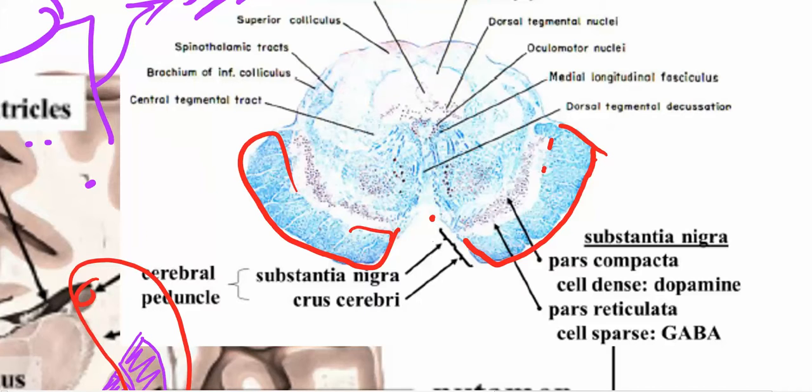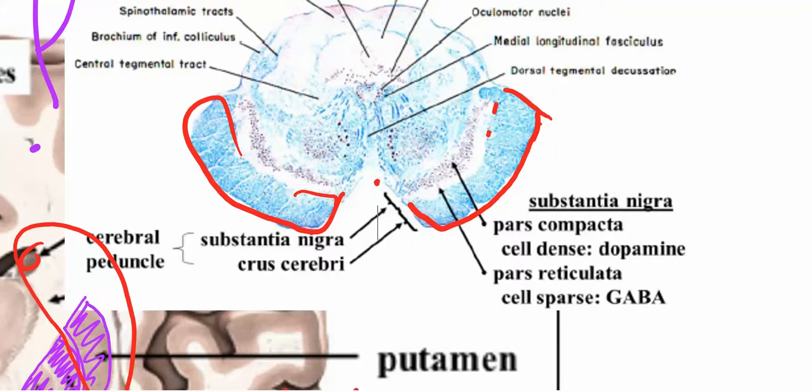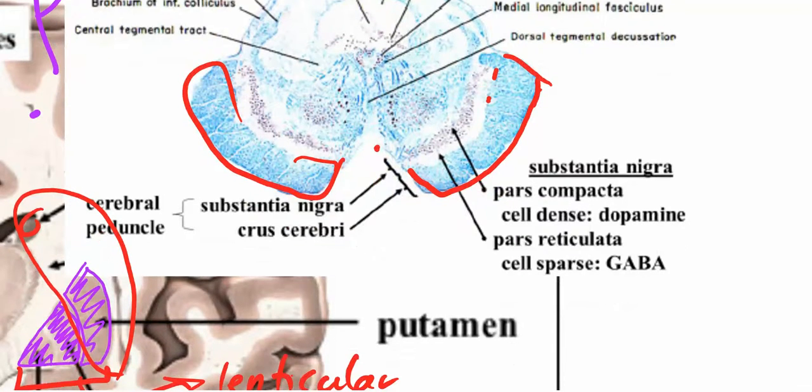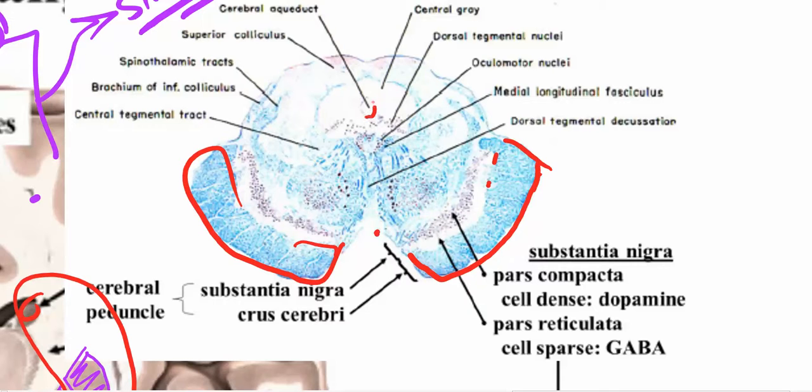The substantia nigra has two parts. I've always struggled with this, when we're looking at this crus cerebri. The bottom of the image is front. This is the cerebral aqueduct, and this is the midbrain.